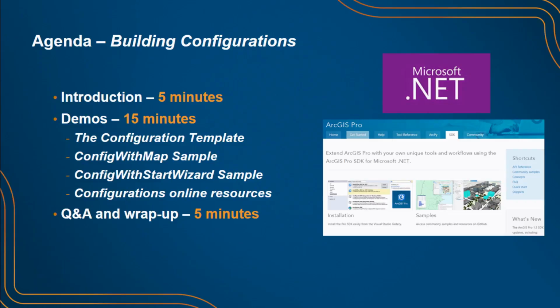And then we'll walk through the configurations online resources, to make sure you know where to go to get started and get more information: the Pro concepts, Pro guides, and the API. And then we'll do a quick little Q&A and wrap up, and we'll take any questions that you got.